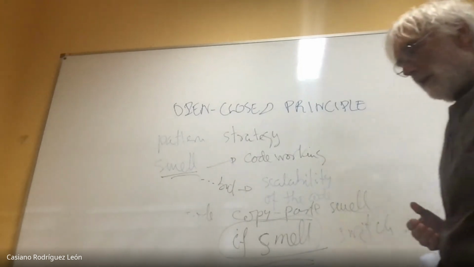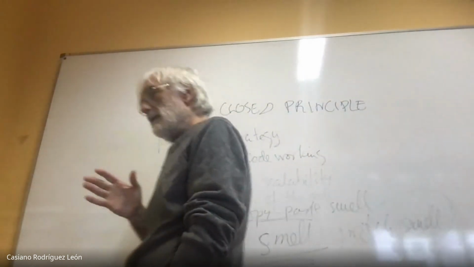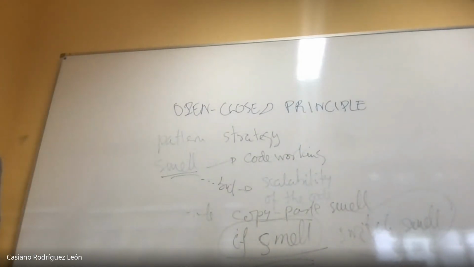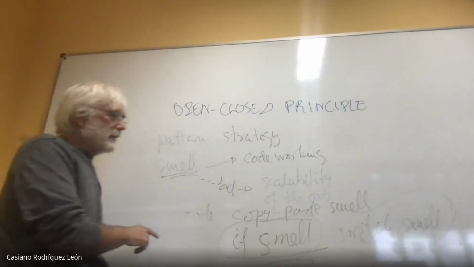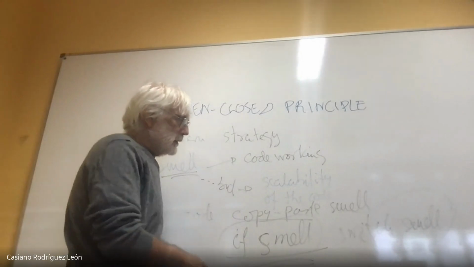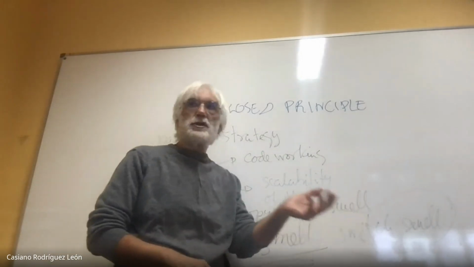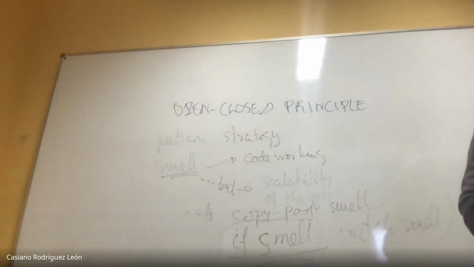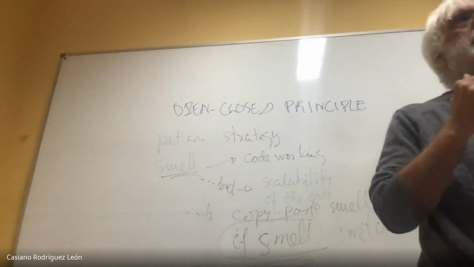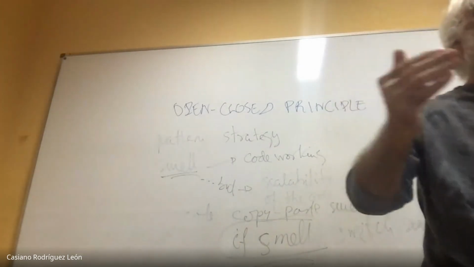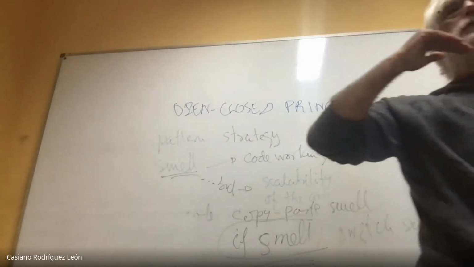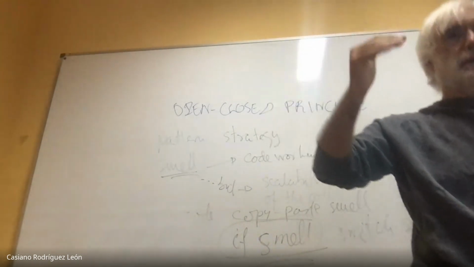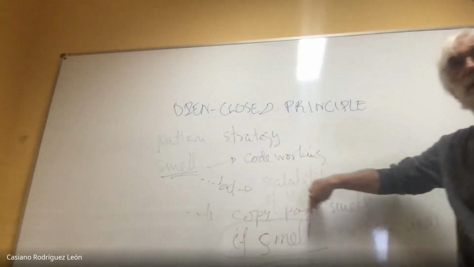So what the open close principle implies is that you must avoid if or switch case when this code, this class, this function is going to grow in the future. That is our case here, because we are going to add more tools.